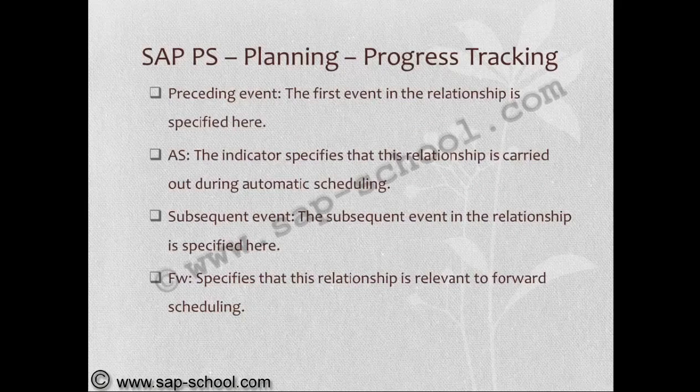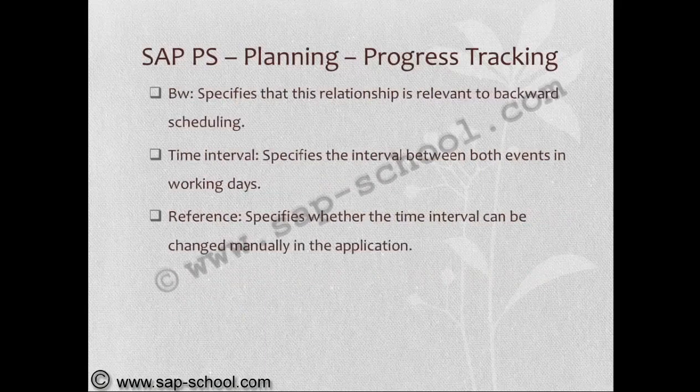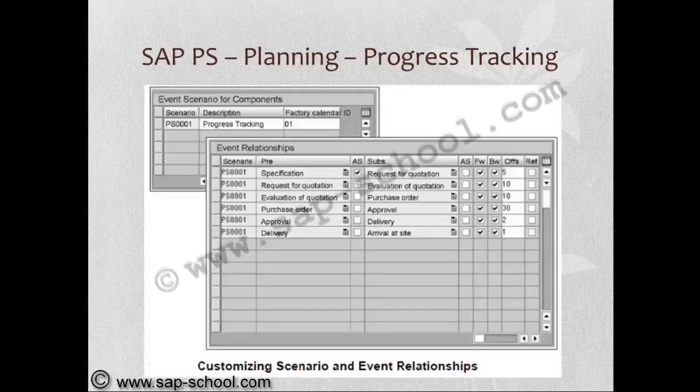Subsequent event: the subsequent event in the relationship is specified. FW specifies that the relationship is relevant to forward scheduling. BW, backward, specifies the relationship is relevant to backward scheduling. Time interval specifies the interval between the two events in work days. Reference specifies whether the time interval can be changed manually in the application.